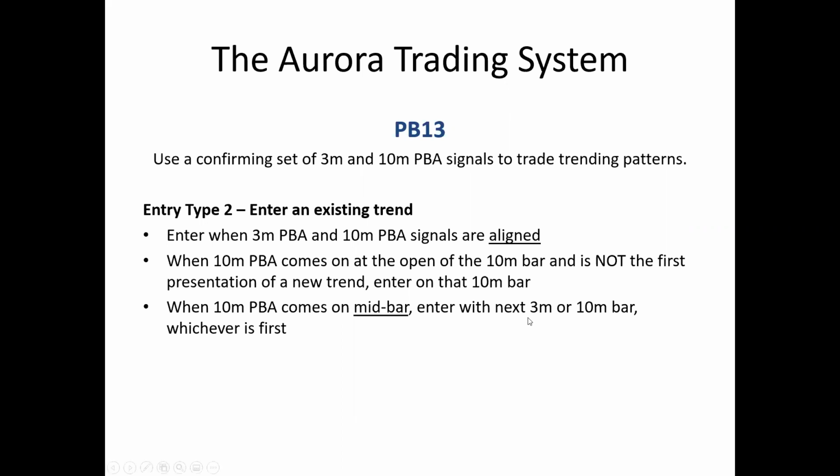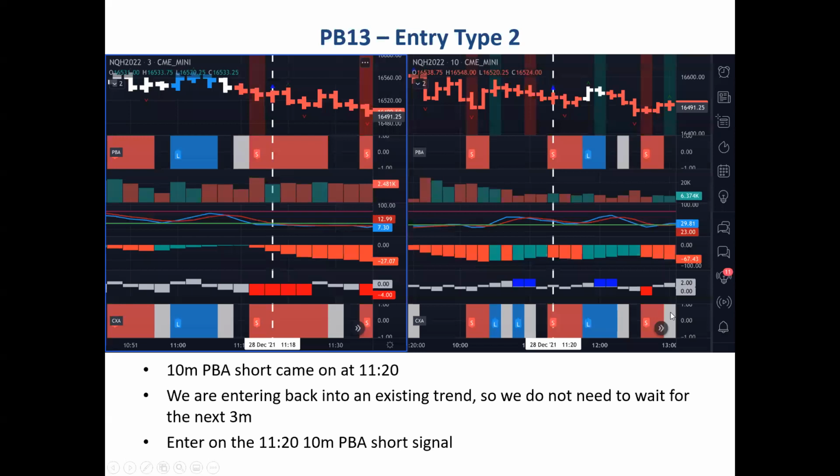You take the next 3-minute if that happens to be the next bar that presents itself, or the next 10-minute bar if that happens to be the next bar that presents itself. So whichever is first. That rule is exactly the same for entry type 1, which is the first presentation of a new 10-minute bar, or entry type 2, which is entering an existing trend.